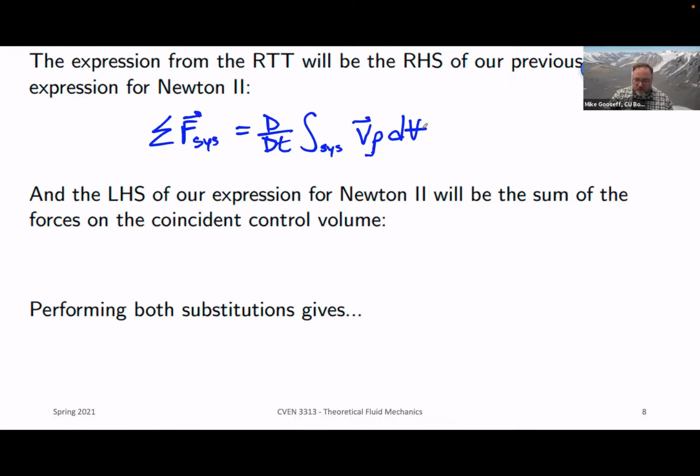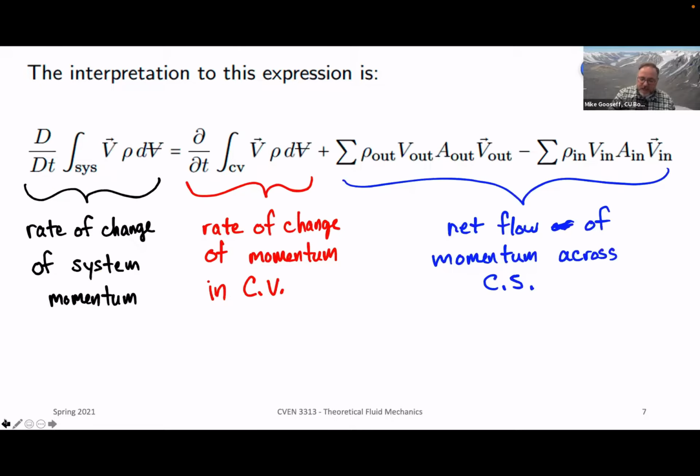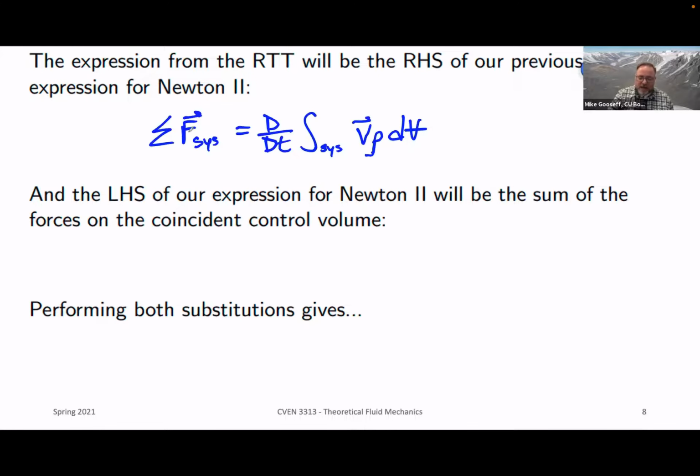In other words, that is the shorthand way of saying that's this guy right here, right? So now we're going to take all of this stuff on the right-hand side and set it equal to the sum of the forces acting on the system. The left-hand side of our expression from Newton's second law will be the sum of the forces on the coincident control volume. In other words, the sum of the forces acting on the system is equal to the sum of the forces acting on the control volume.